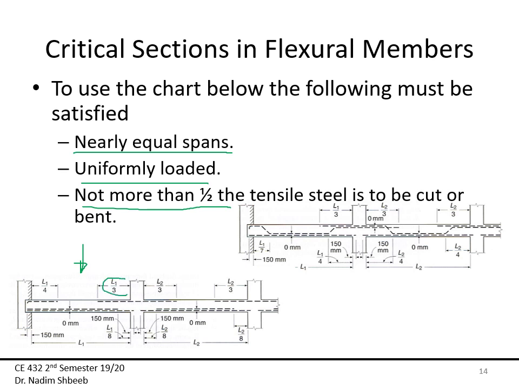Here it's L over 3. Here you leave space of L over 8 and L over 8, and then continue again, and this is also L over 8, and this is also L over 8, and the rest is continuous. But again, for you to be able to use that, you have to have nearly equal spans, uniformly loaded.